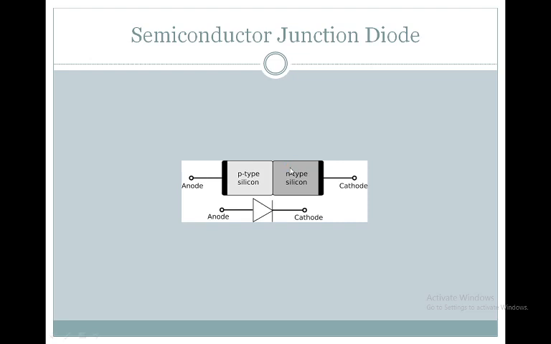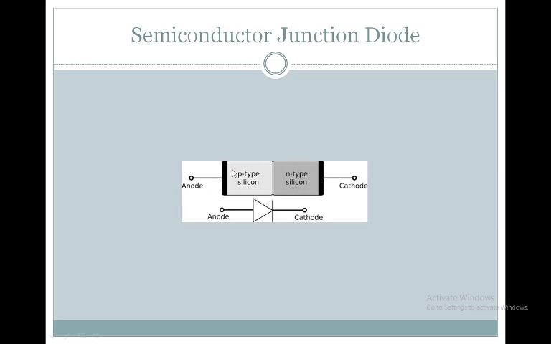A p-type semiconductor, silicon in this case, and silicon in the case of n-type too, meaning what is responsible for conduction here are holes, majority carrier, and the minority carrier electrons. Here, majority carrier electrons and minority carrier holes.